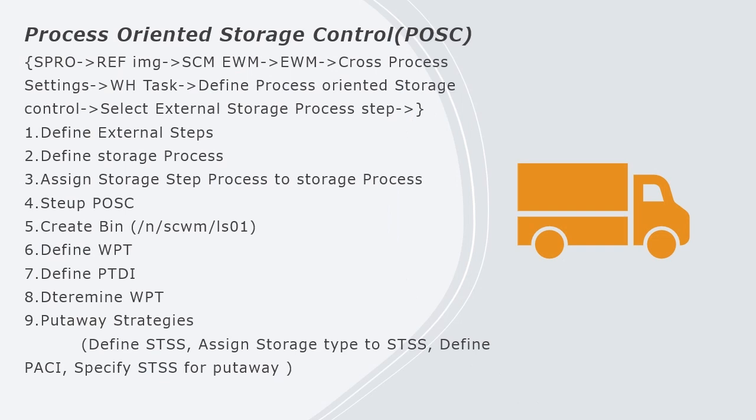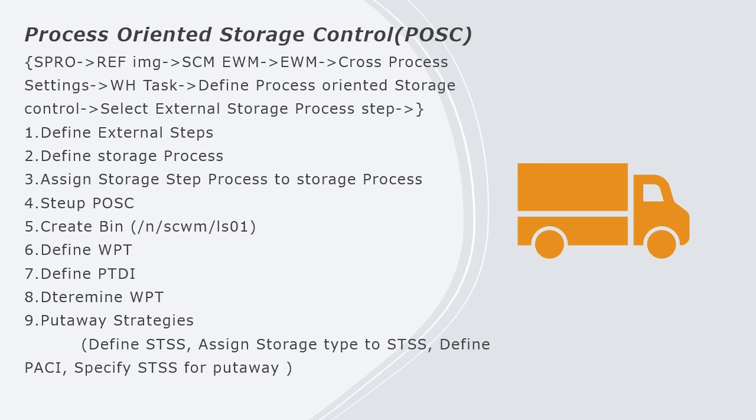Today I'll be explaining more about the system side. This is the basic thing which has to be configured before actually testing the process-oriented storage control in the inbound. I'll be showing every step in the coming slides.